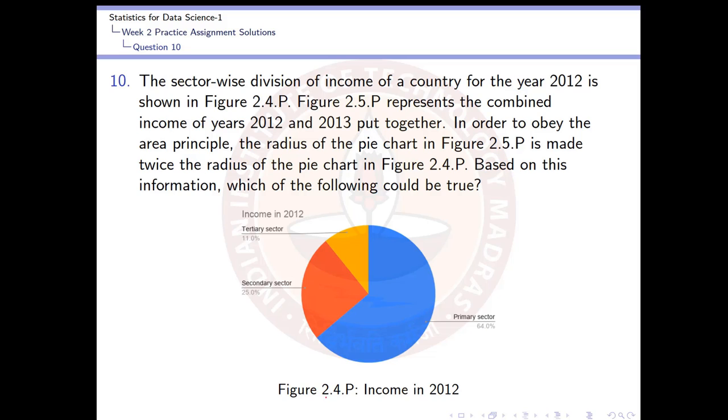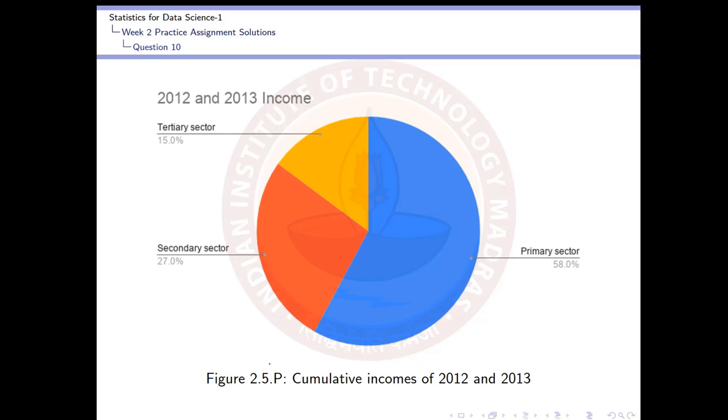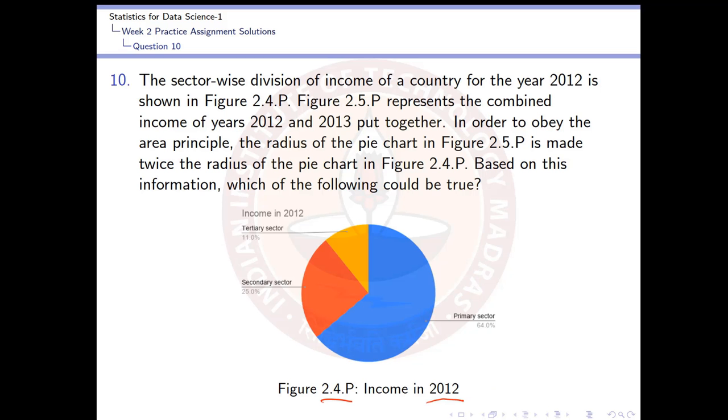Here in this figure, income of 2012 is given for different sectors, and in this figure, income of 2012 and 2013 together is given for different sectors, and it is given that the radius of this pie chart is twice of this pie chart. Based on this information, which of the following could be true?